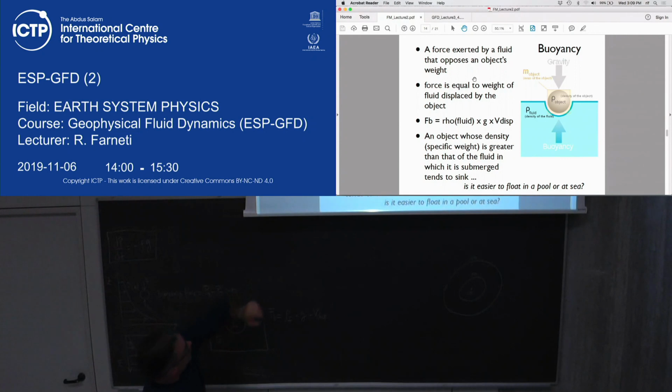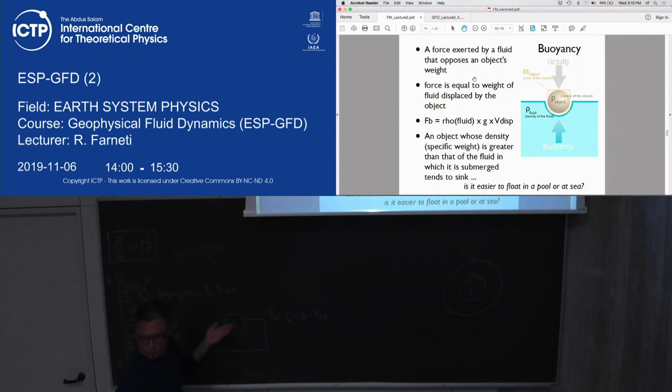If the object, like in that case, was not totally in the fluid, there will be only this volume of the object, because this object is displacing this much fluid. So density of the fluid times gravity times the volume displaced by the object.